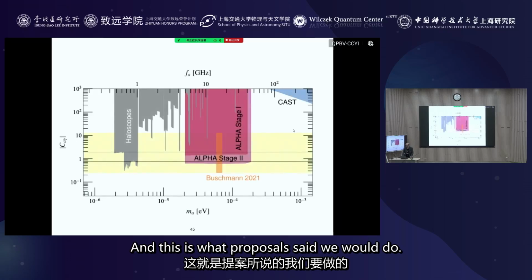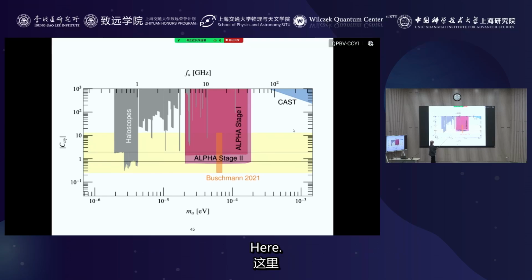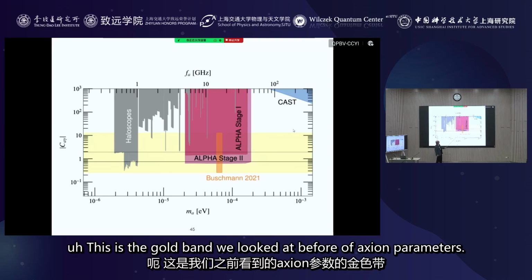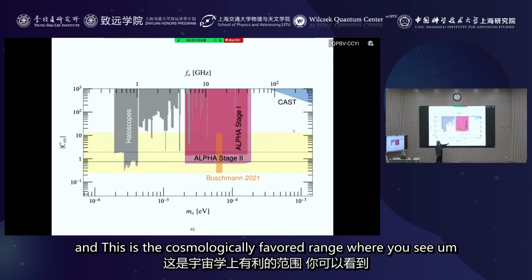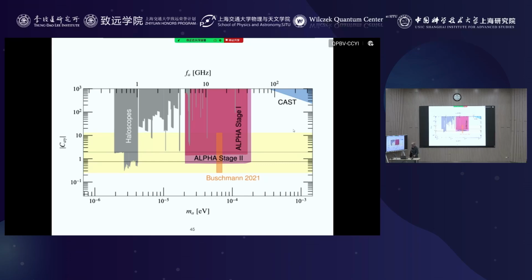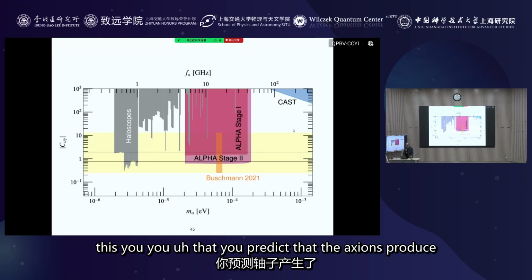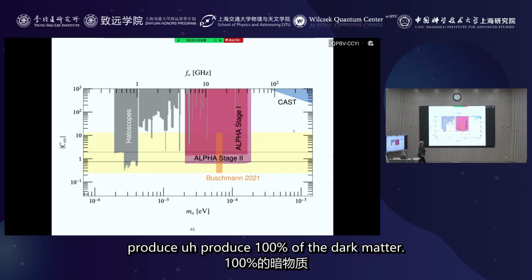And this is what the proposal said we would do here. This is the gold band we looked at before of axion parameters. And this is the cosmologically favored range where you predict that the axions produce 100% of the dark matter.